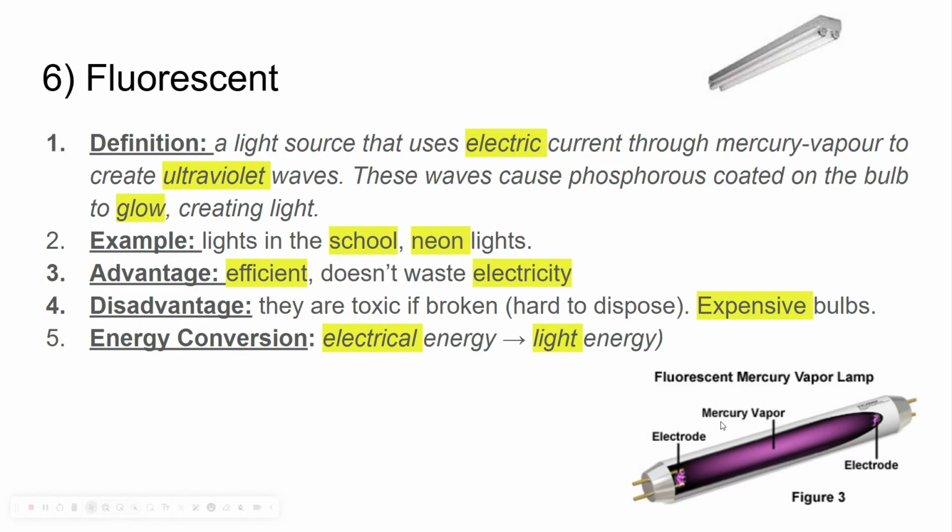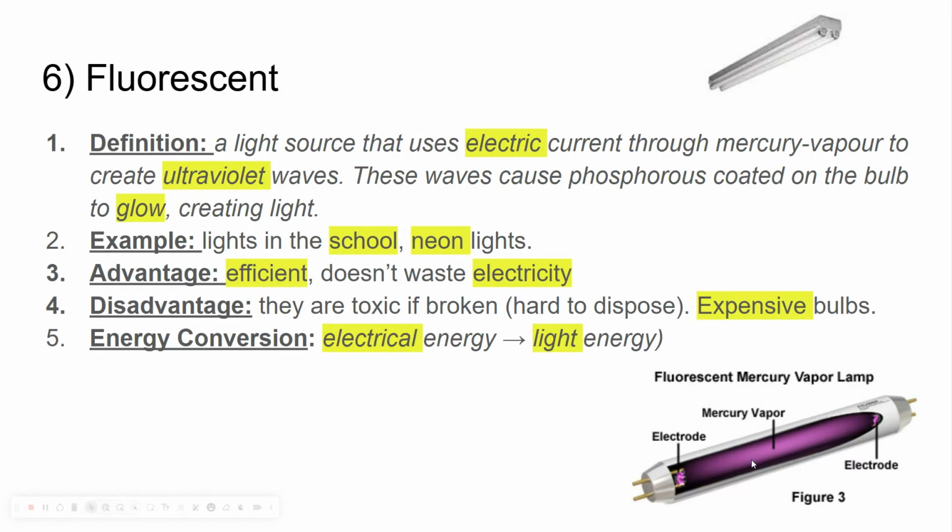You've probably heard of ultraviolet because when you're putting on sunblock, you want to have ultraviolet protection. Anyway, these ultraviolet waves reflect back outside of the fluorescent bulb, and as it goes through the glass, that glass is coated with phosphorus, and that phosphorus will begin to glow.